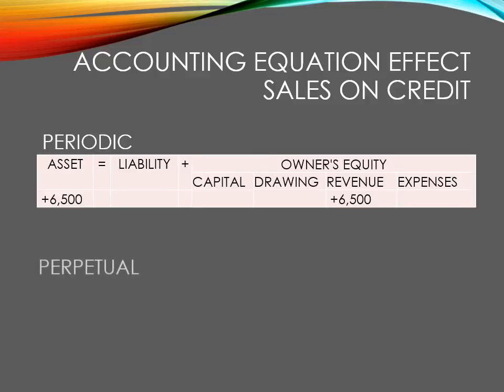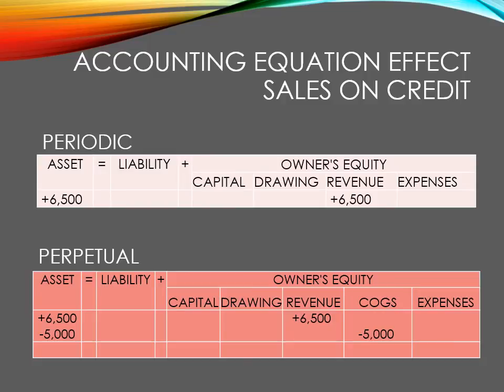If you use the perpetual inventory system, you will record the same as periodic: 6,500 ringgit increase in asset, and the revenue increases by 6,500 ringgit, because this is based on the selling price. However, you need to update the cost of goods sold once you sell off the inventory. So you need to deduct the actual cost for that particular inventory sold.